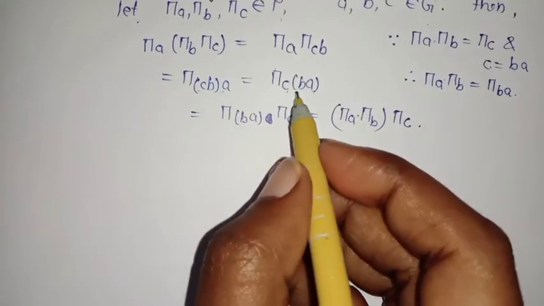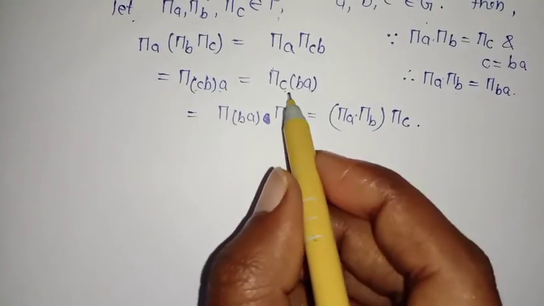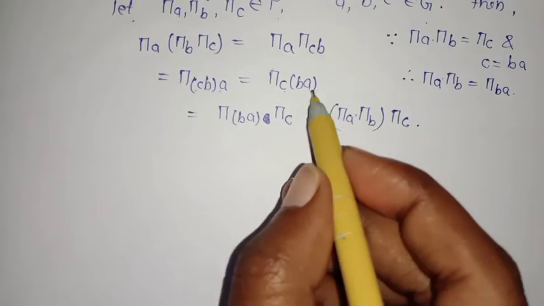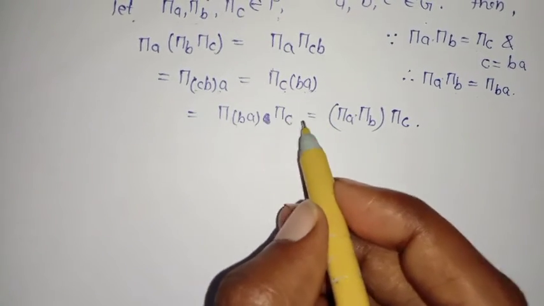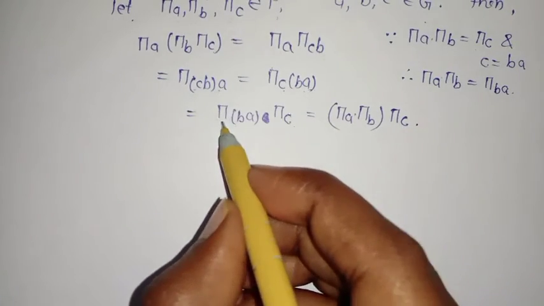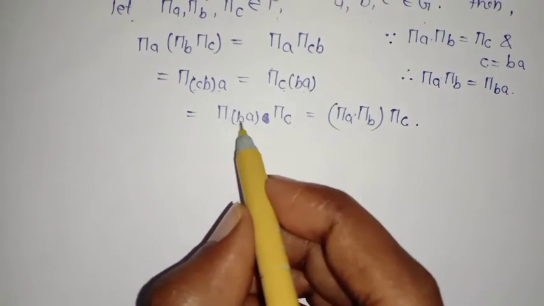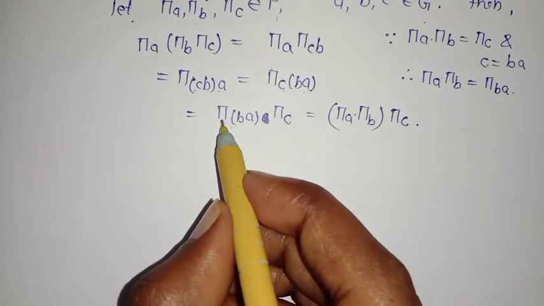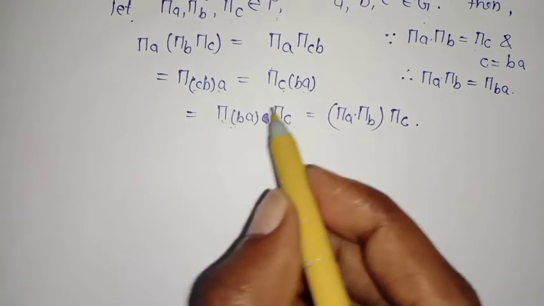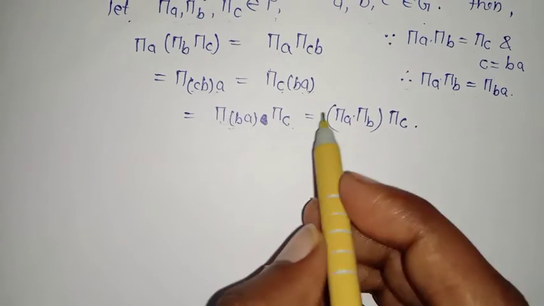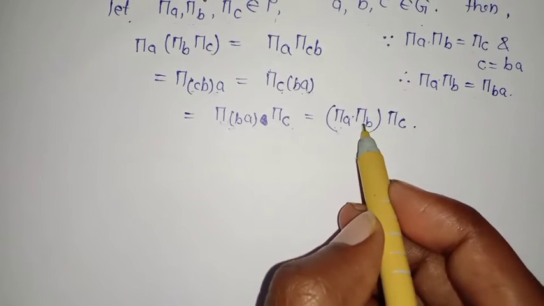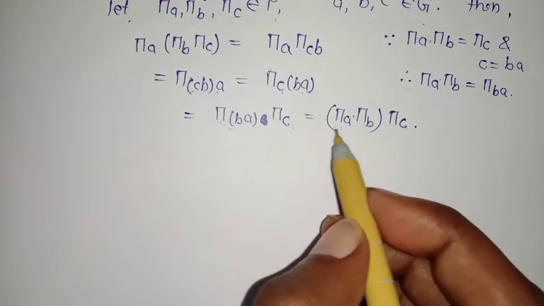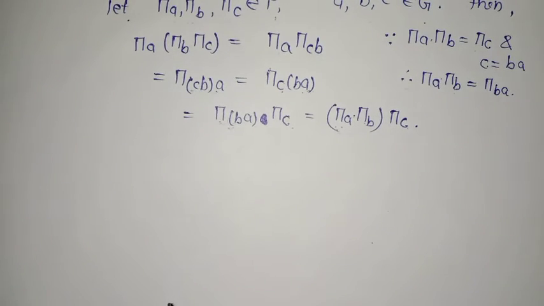Now if we write it separately, this becomes pi of ba comes first because this was the second element, and then dot pi of c. Now if we again apply the property over this element, this can be written as pi of a into pi of b. So now this becomes pi a dot pi b into pi of c, and now you can see the associative property is satisfied in this case.